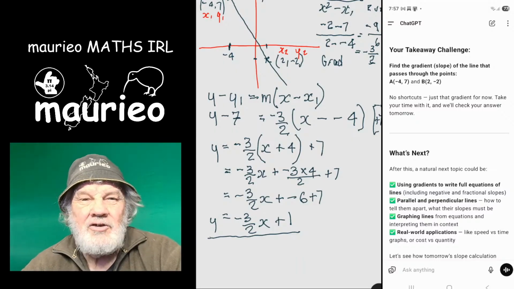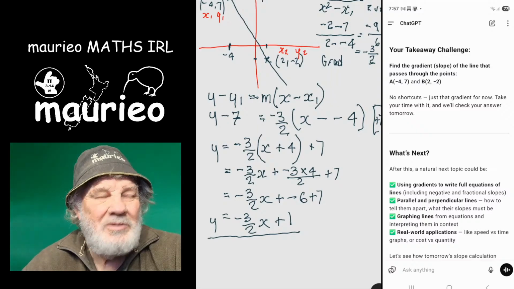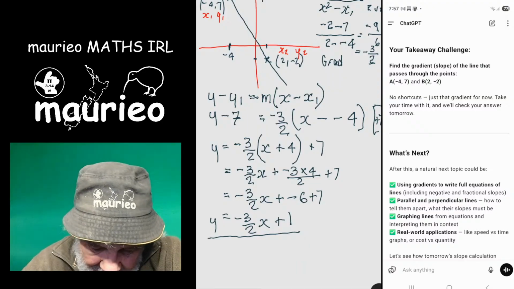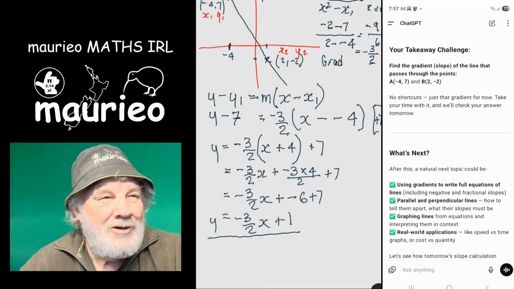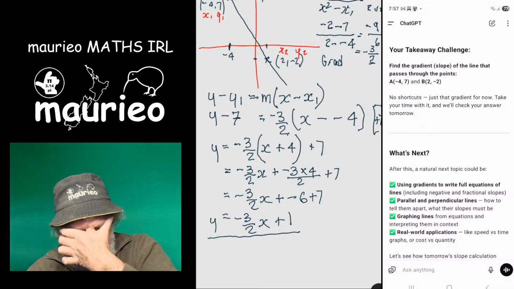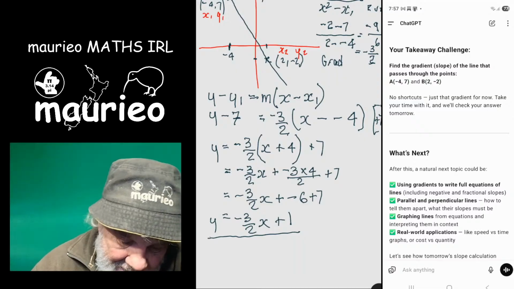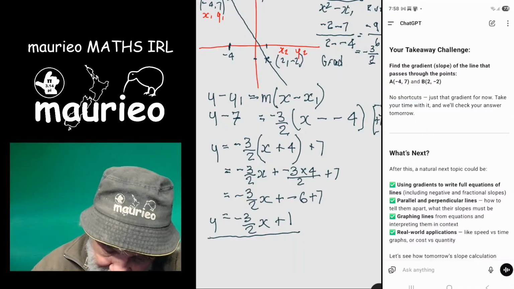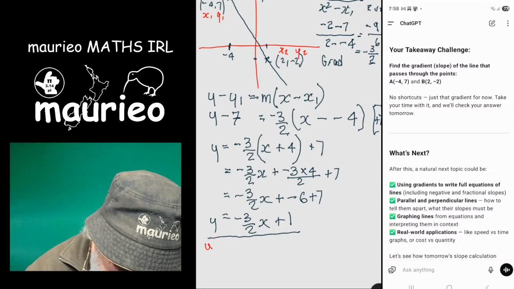Now, as I said, I did this earlier, and I checked it with ChatGPT, and that is the correct equation for the graph, but it's not the equation I got the first time. What ChatGPT did, of course, was take my equation and check it. That would be a good thing to do now, and I'll do that in red. So this is my check.